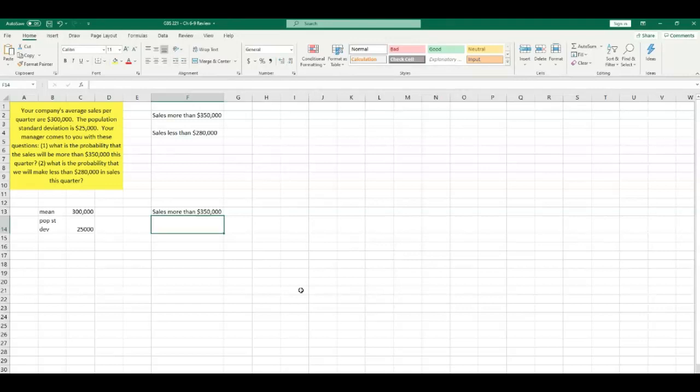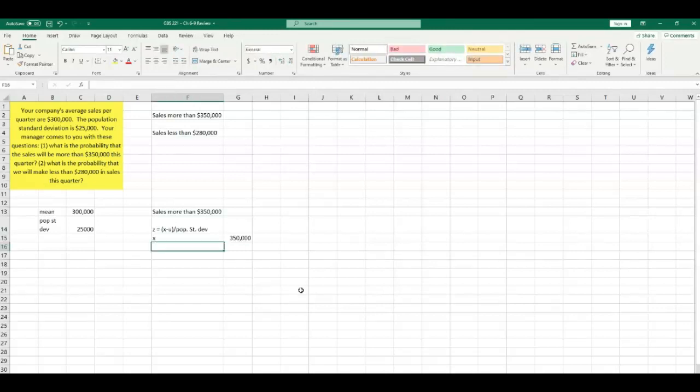We're going to need to know one other piece of our z-score formula, right? So our z-score formula is our x minus our mean all divided by our population standard deviation. Well, we know our mean and our population standard deviation. Our x is going to be this $350,000.